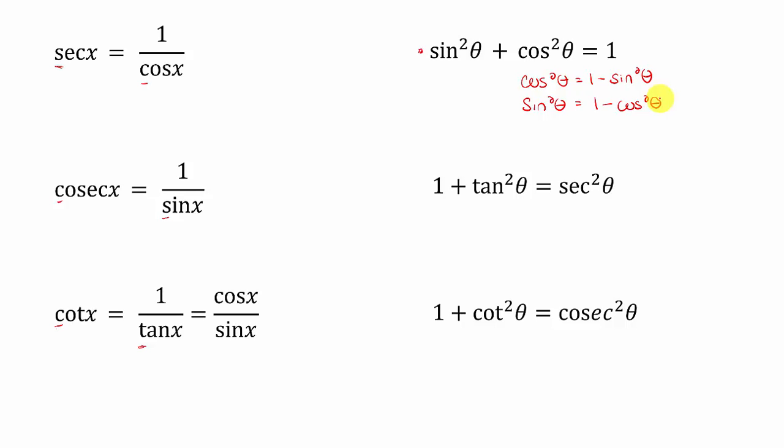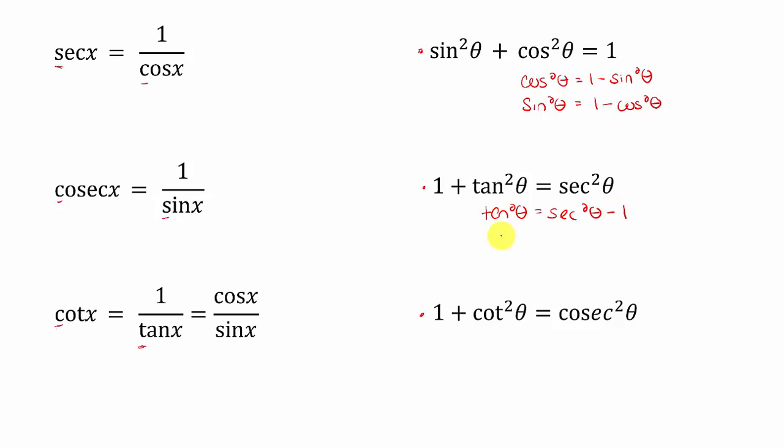The two that we're adding this year, and again, they're on your reference sheet, are 1 plus tangent squared theta is equal to secant squared theta, and 1 plus cotangent squared theta is equal to cosecant squared theta. And so again, these can be manipulated and used in other ways, just like the one above. So I could say tangent squared theta is equal to secant squared theta minus 1, and that one pops up a lot.